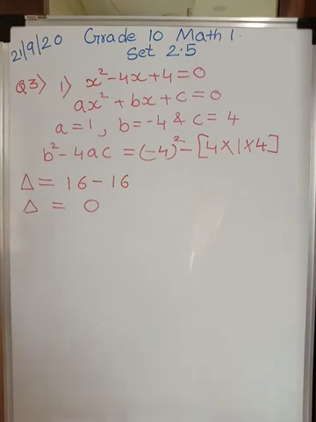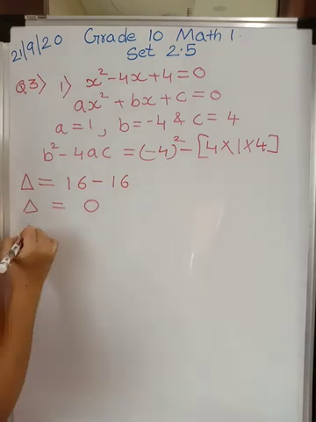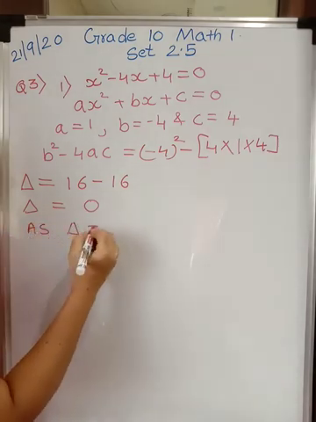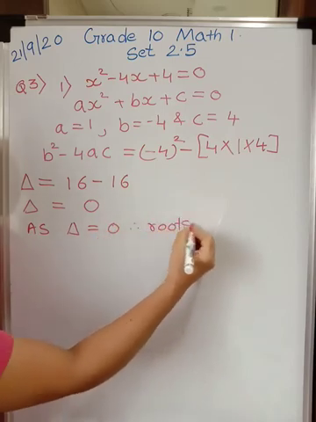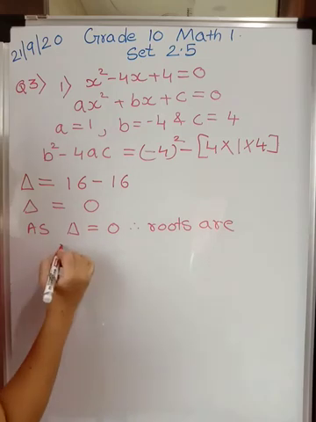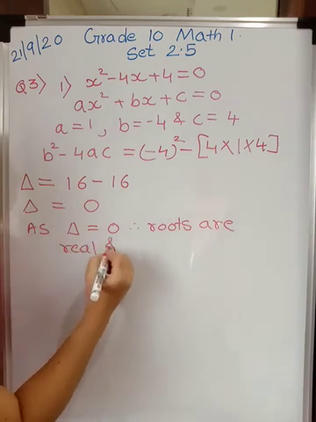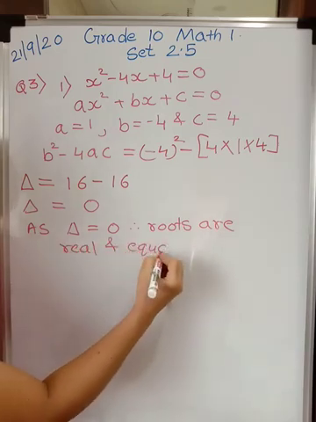Now you go back and check. If delta is 0, what is the nature of the roots? If delta is 0, then the roots are real and equal. So you write: discriminant is 0, therefore roots are real and equal.